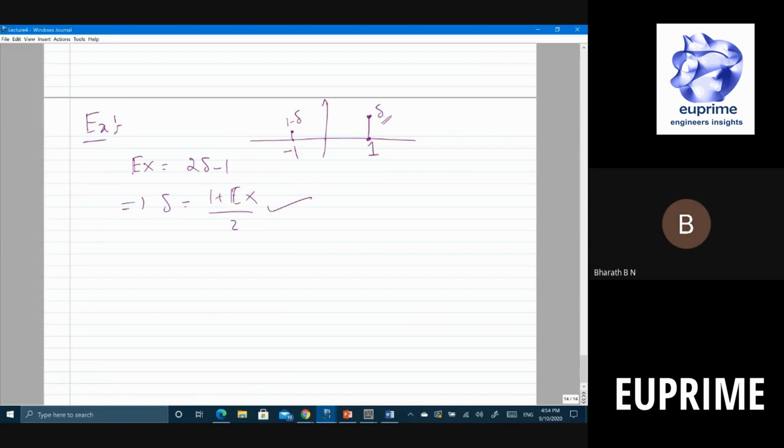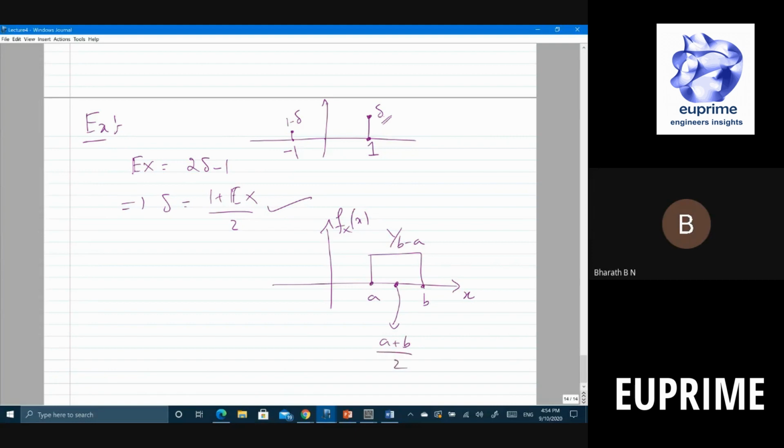For example, this is some density function of a continuous random variable. What is the mean of this? It's (a plus b) by 2.